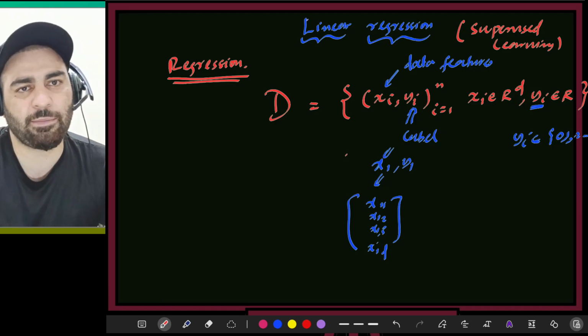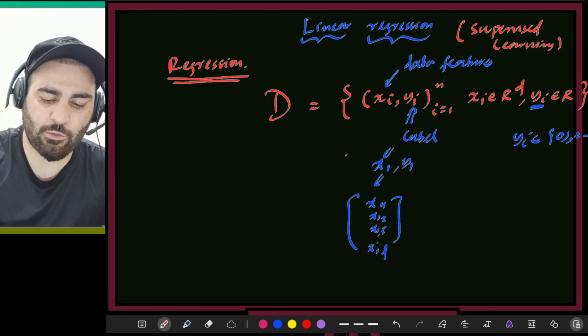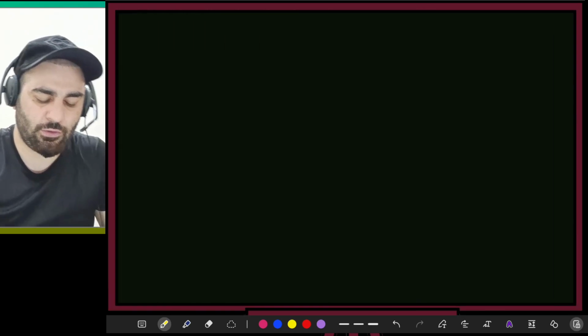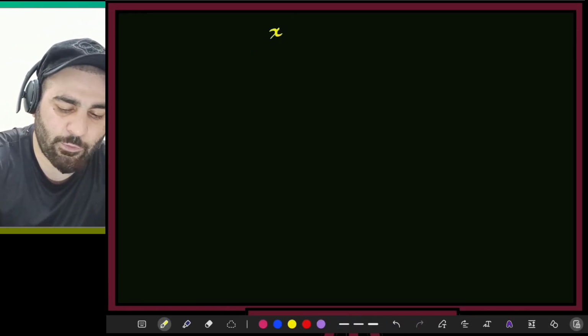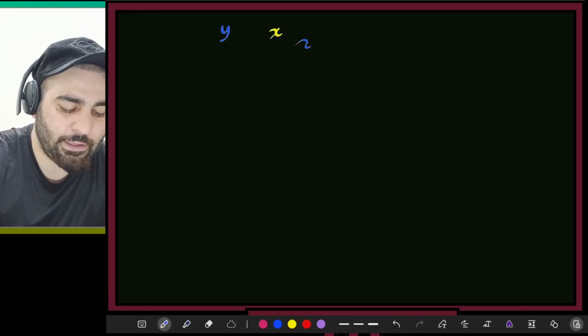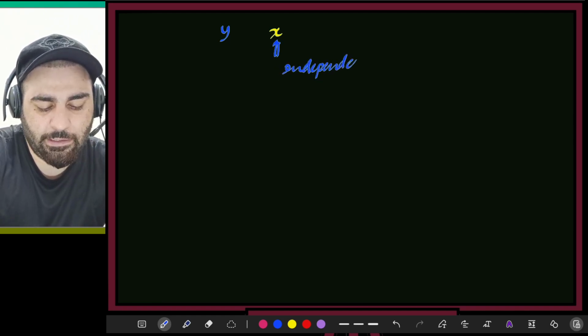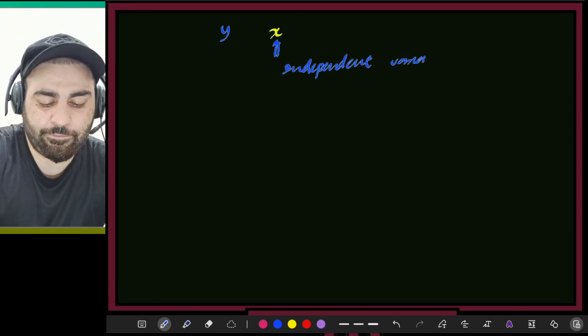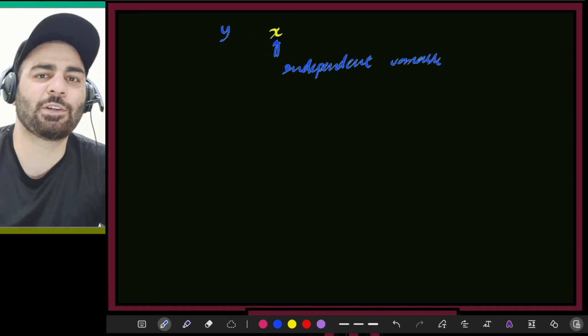So what is regression basically? It's a statistical method used to analyze relationships. Let's suppose we have some variables, a variable x and a variable y. Let's call x the independent variable. In mathematical terms we call them variables, and in machine learning terminology we call them features.